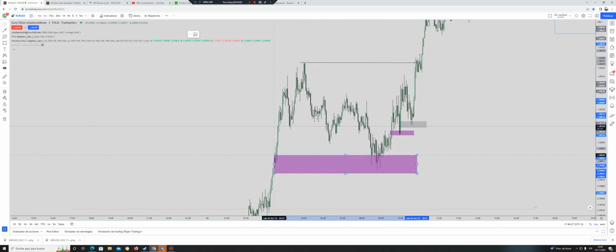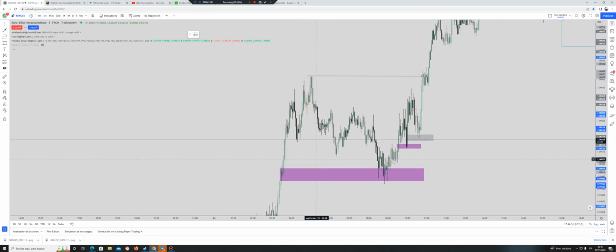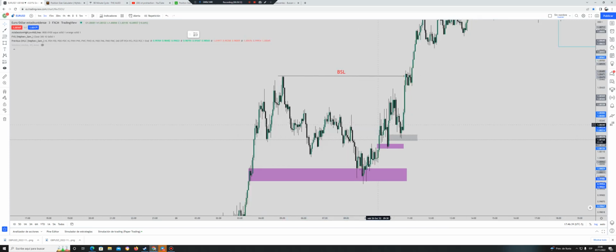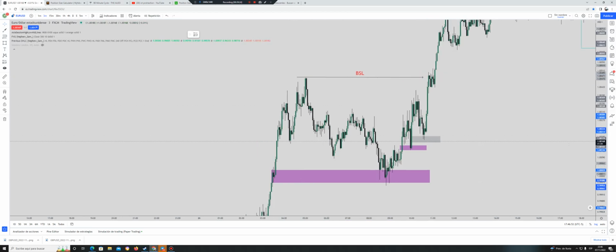Price is most likely to tap into this OB, and now we got this high here, which is, imagine, buy side liquidity, an important high. So imagine the 8:30 tapping on this other block, and we go to this high here, which is most likely to be taken. We use the high as liquidity, and now what do we expect?